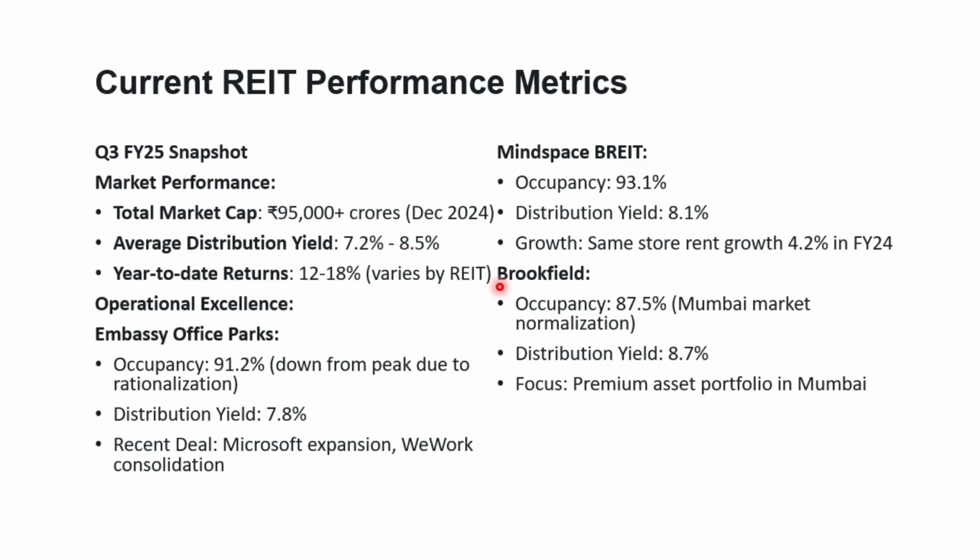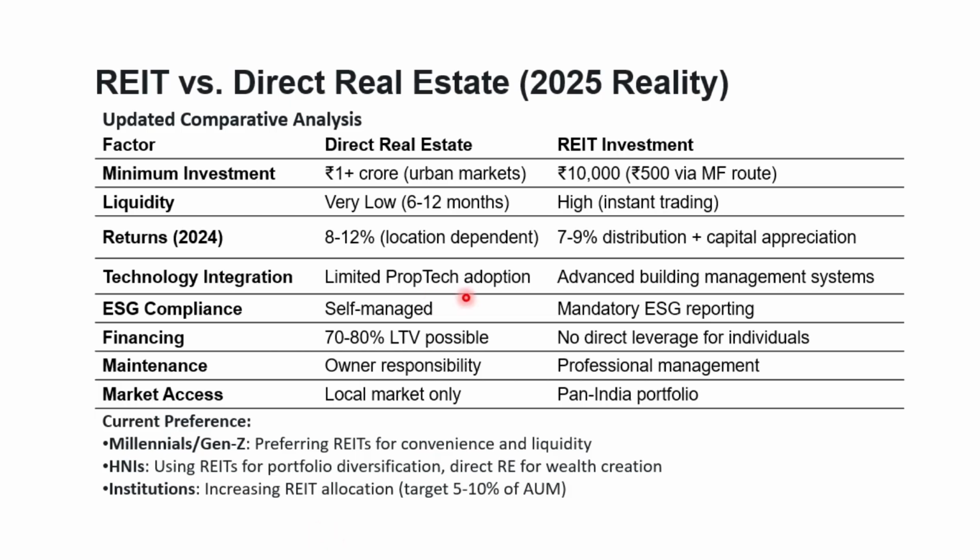The demand is also good for REIT products, and many foreigners are also now investing in this. Then we have good returns coming up. Sometimes the dividend is around 7%, 8%, and apart from that, there is some price appreciation also.